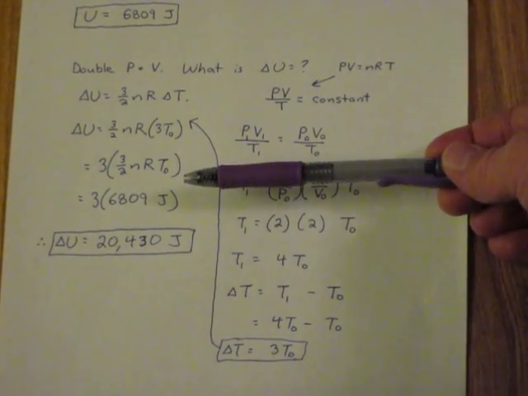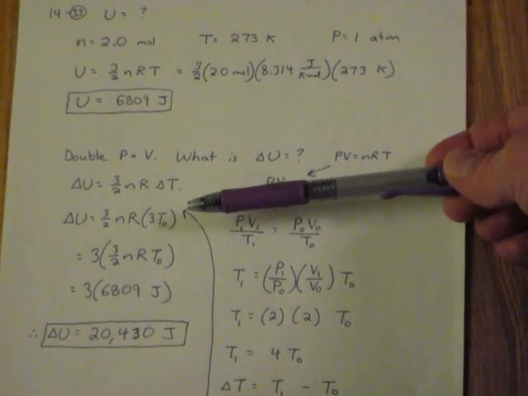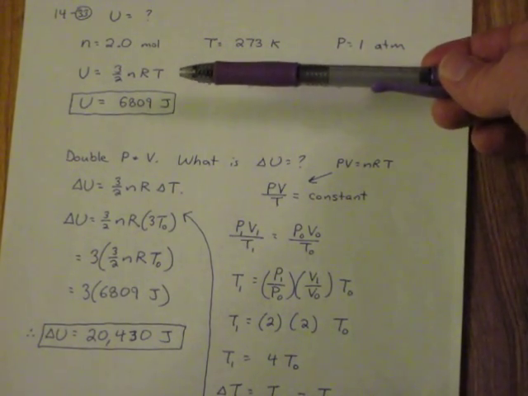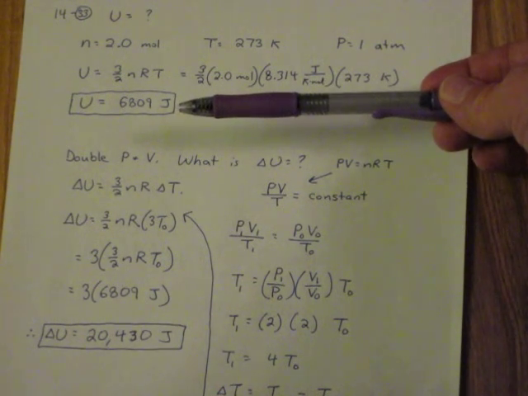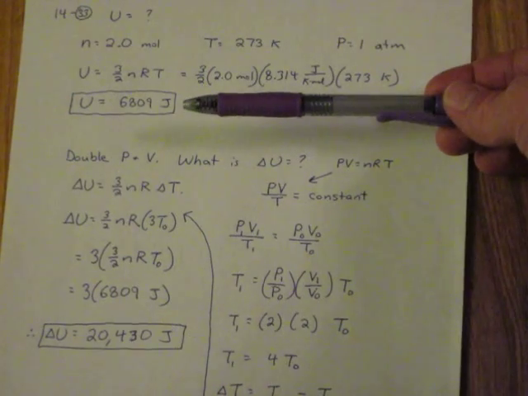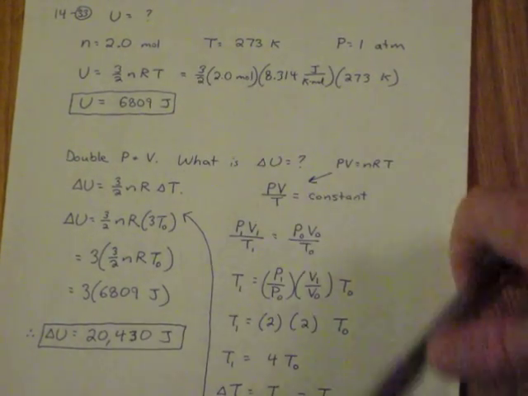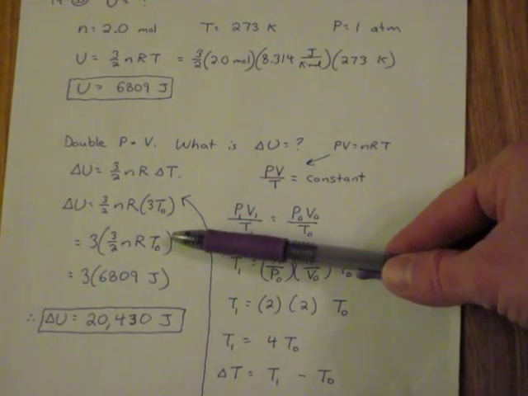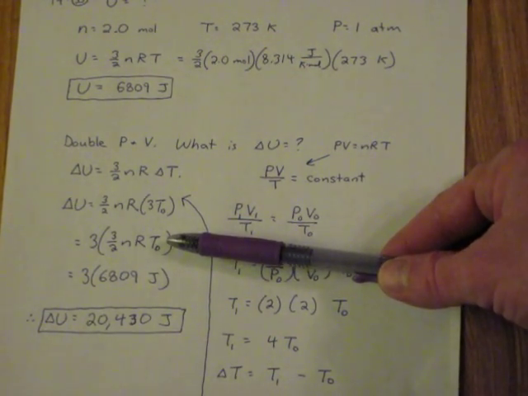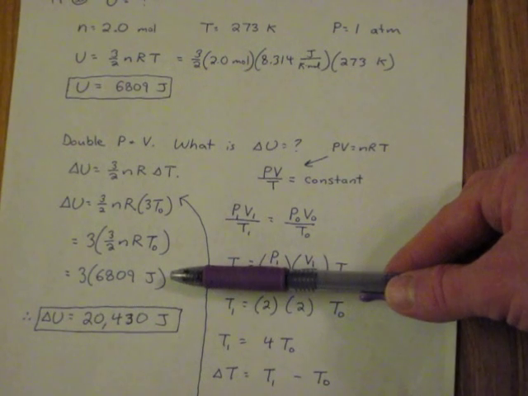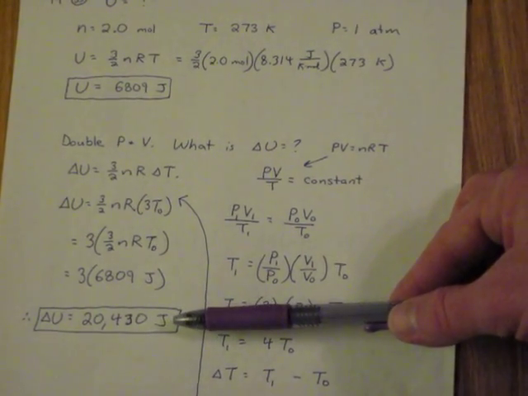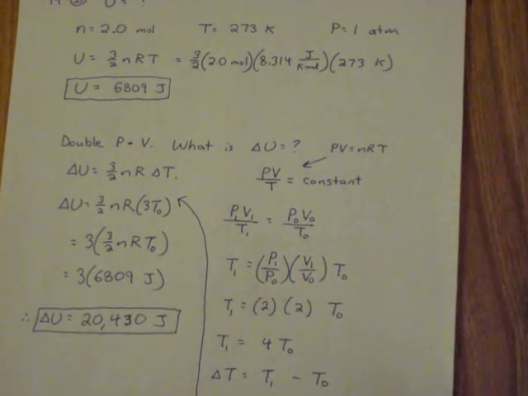But that is exactly, if you go back to the top of the page, 3 halves nR times the original T. The original internal energy, thermal energy, was 6809 joules. So now we move down the page. So 3 times that original internal energy, 3 times 6809 joules, and we get a change in internal energy of 20,430 joules.